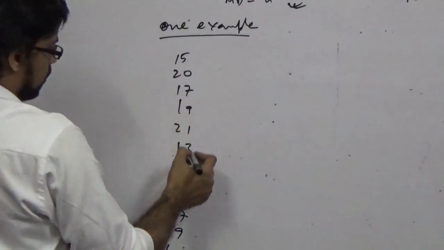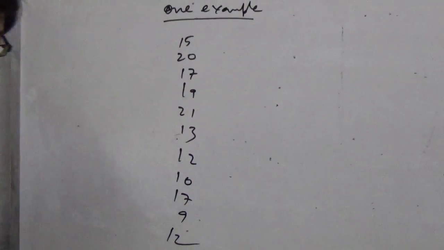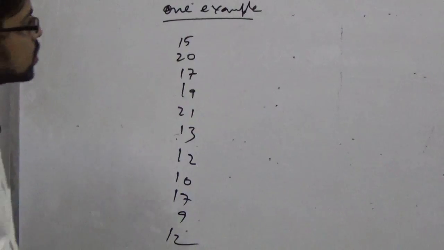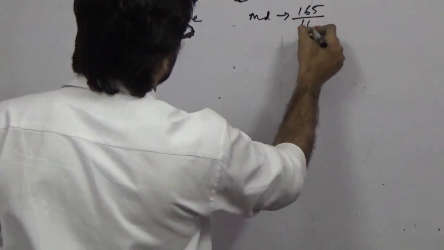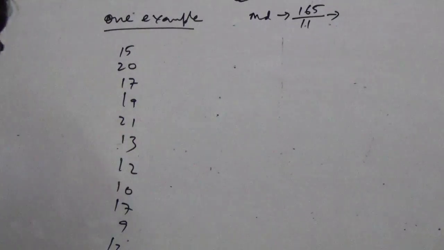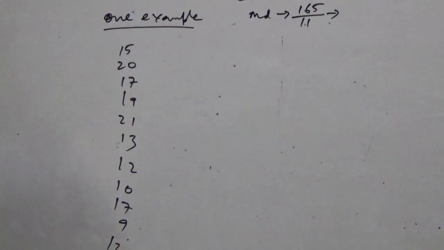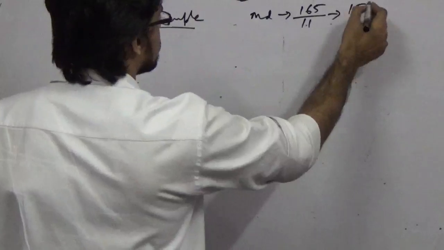So you have a set of 11 values. Now here you need to calculate first the mean. Step 1: if you just calculate, the total will come to 165, divided by 11. So you can directly write this as 15.